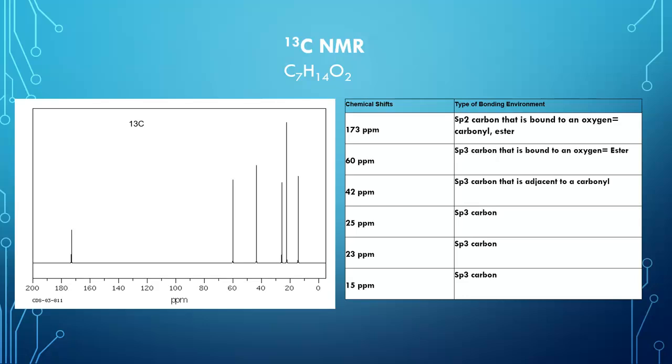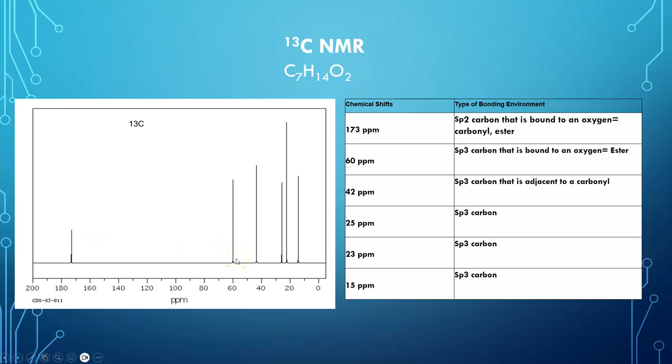Since there are 6 peaks but 7 carbons total, this tells us that 2 of the carbons within the molecule will be equivalent. The highest peak is roughly around 173 parts per million, which would indicate an sp2 carbon that is bound to an oxygen, likely representing either a carbonyl or an ester.